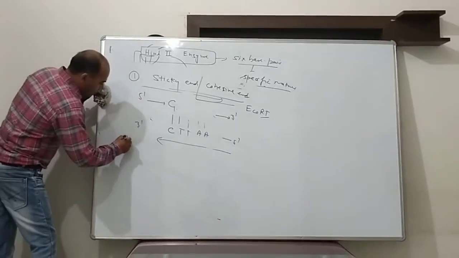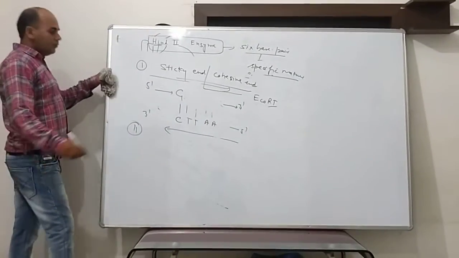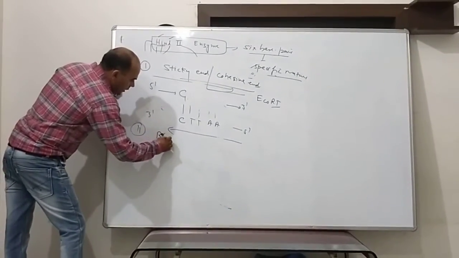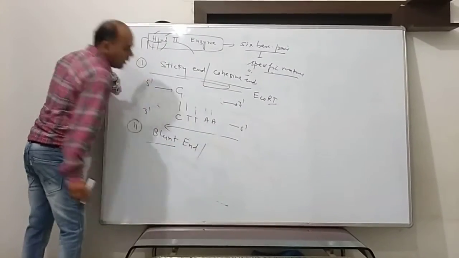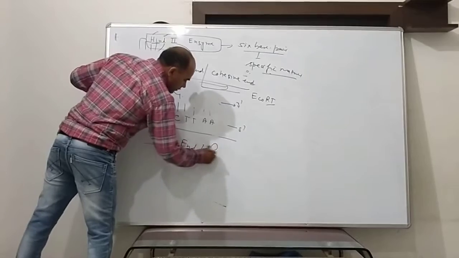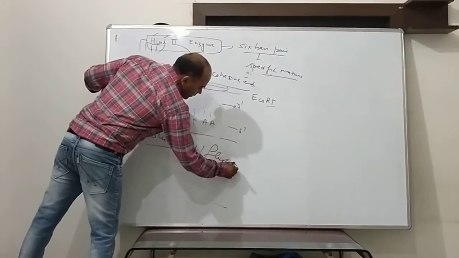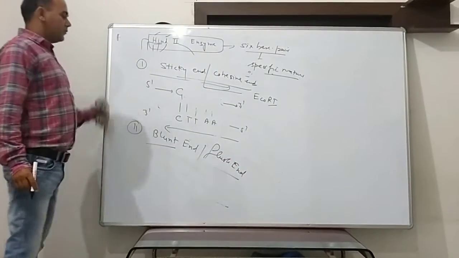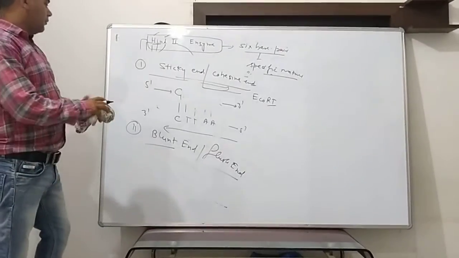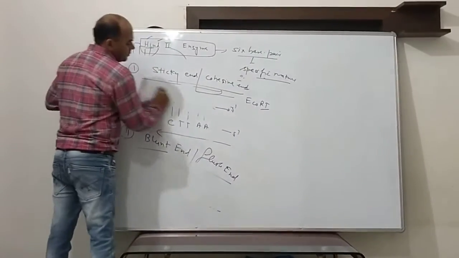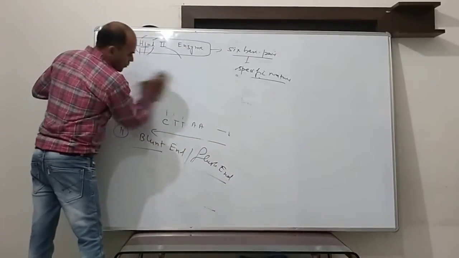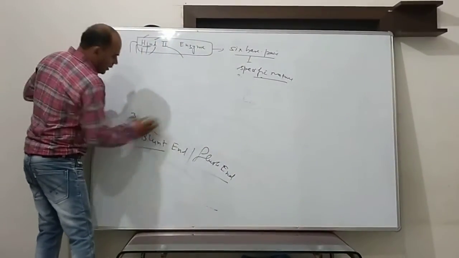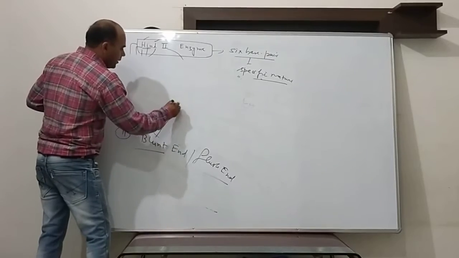The second kind of end which is produced is called blunt end, B-L-U-N-T. Sometimes it is called flush end, F-L-U-S-H. How can it be made? Very simple. Take the example of a blunt end.